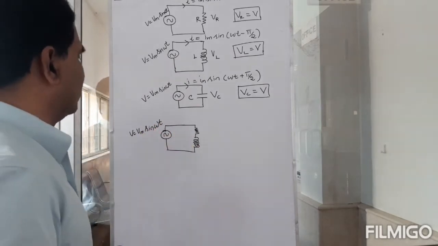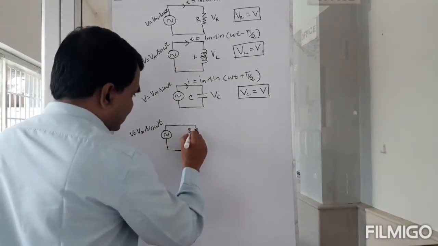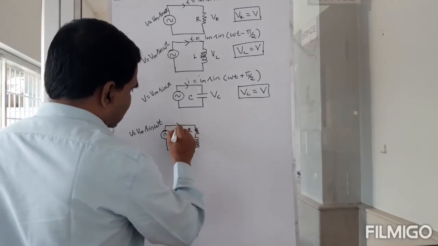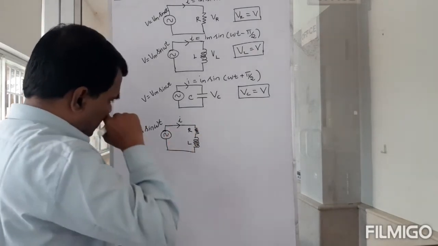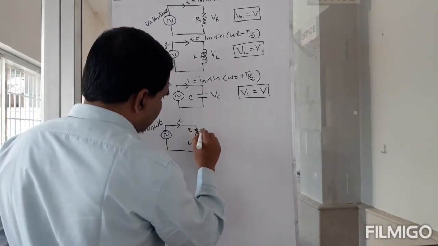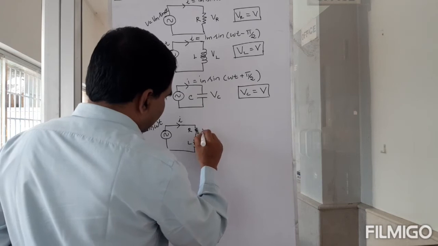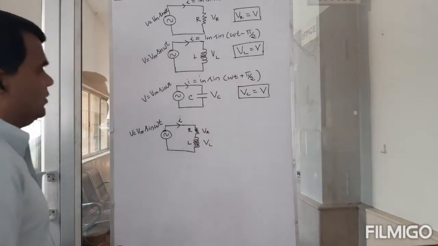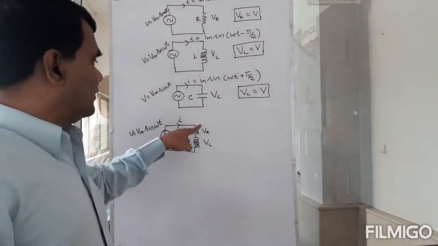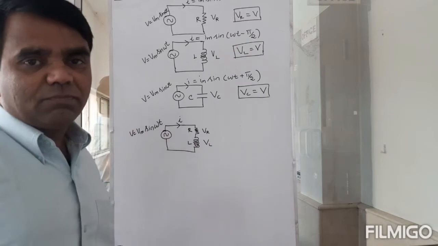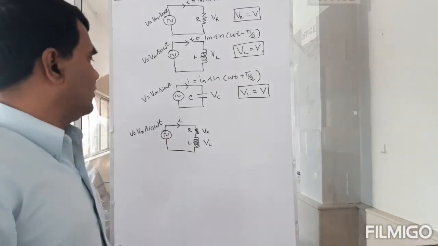And then I have an R here and I also have an L here. So clearly there is a current that is going to go through this. And now you see there would be a VR across this and there would also be a VL across this. So now notice that VR plus VL will be equal to V. Right?